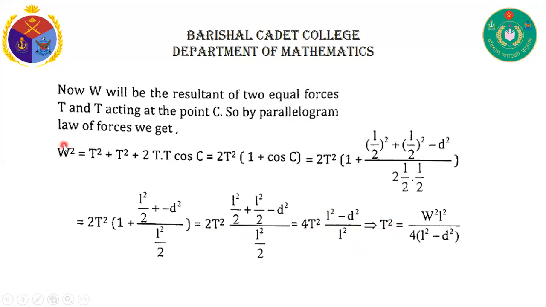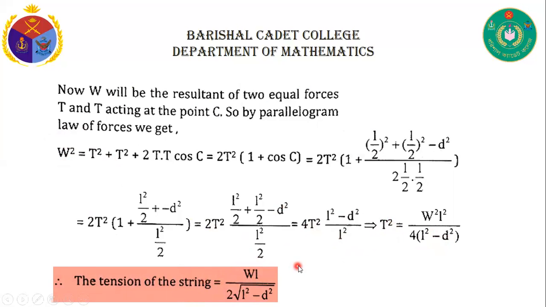So T square equal to, then we know W equal to this, so here T square equal to 4 L square W square divided by 4 L square minus D square.